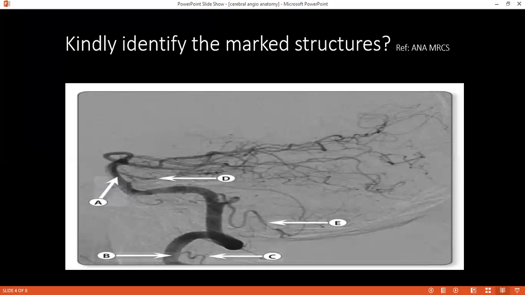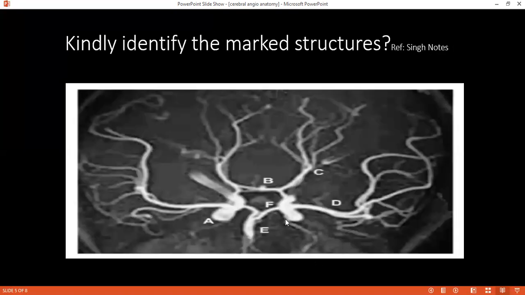Can you locate where this aneurysm can be located, or whether it coincides with any particular clinically significant point? At the origin of the middle cerebral artery. Carry on.